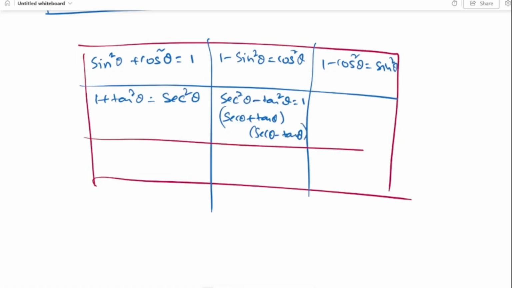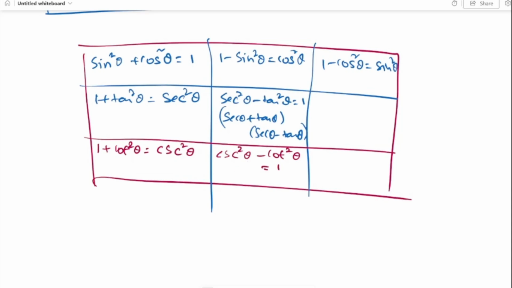I'm going to use a red pen. Now, likewise, 1 plus cot square theta is cosecant square theta. Cosecant square theta minus cot square theta is 1. Right?